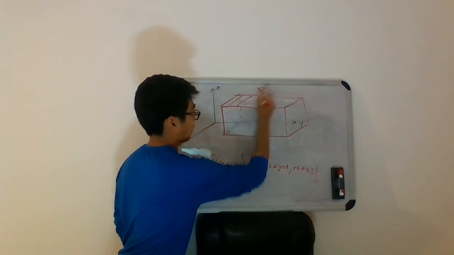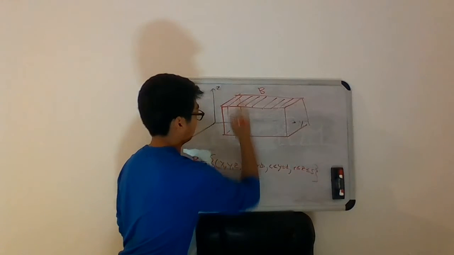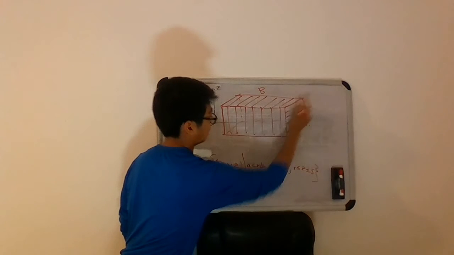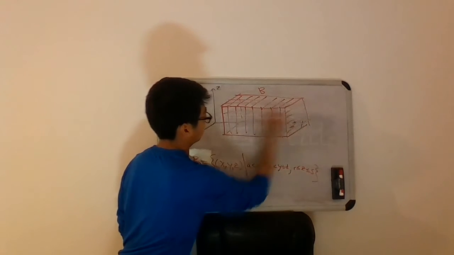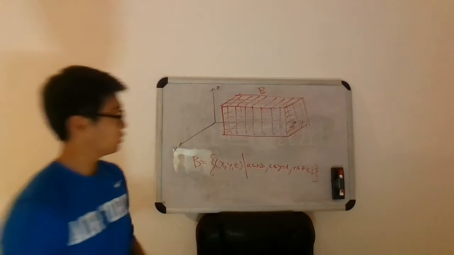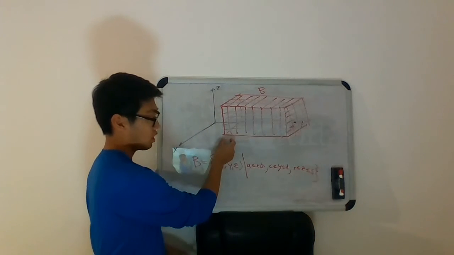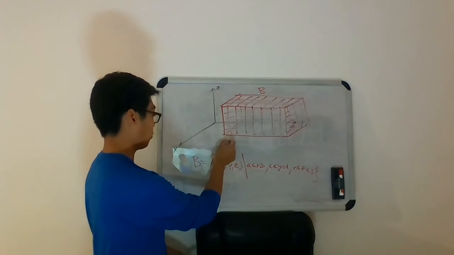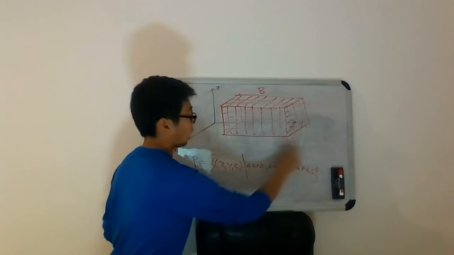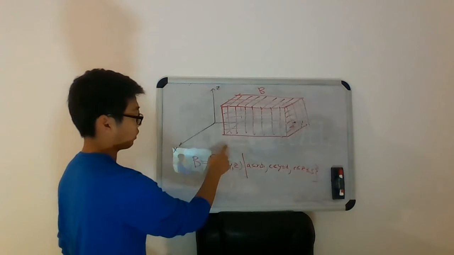So if you could visualize this box being separated into each individual little box. With these little boxes, if we sum them up within the change of x, within the change of y, and within the change of z, we will get the volume.